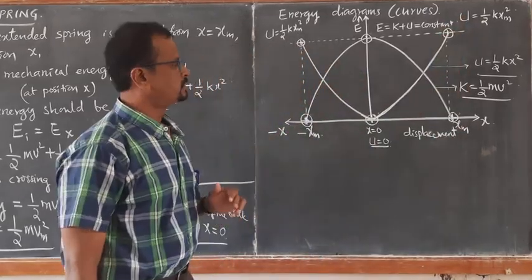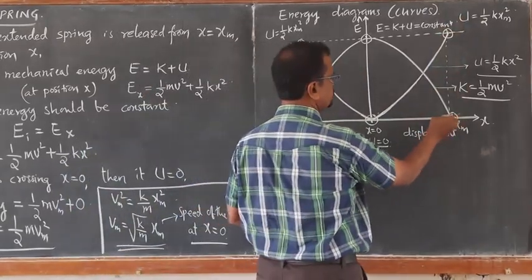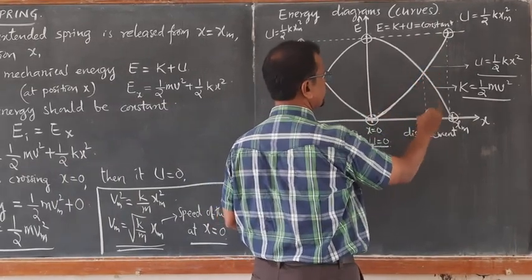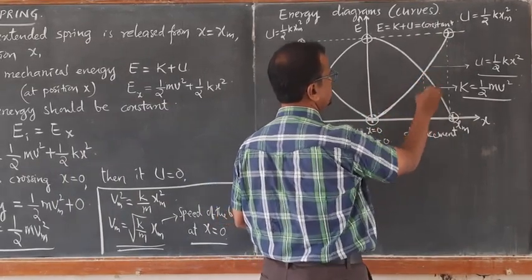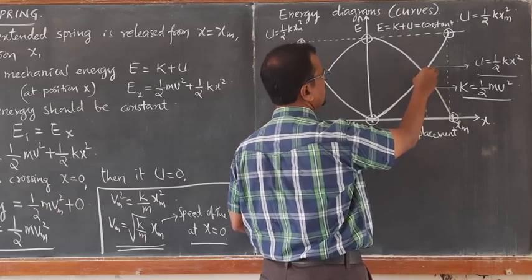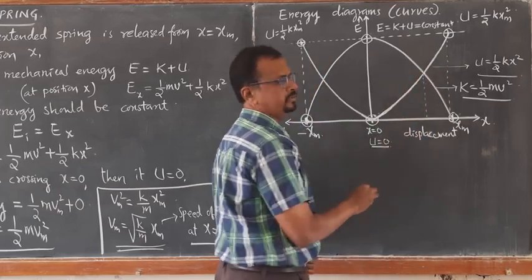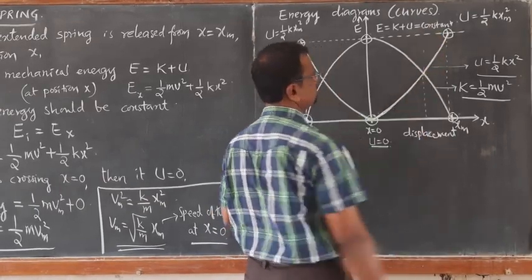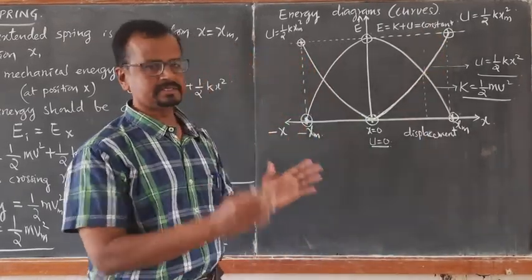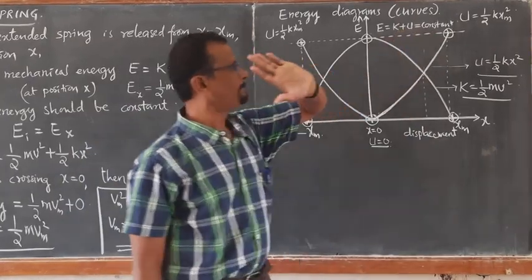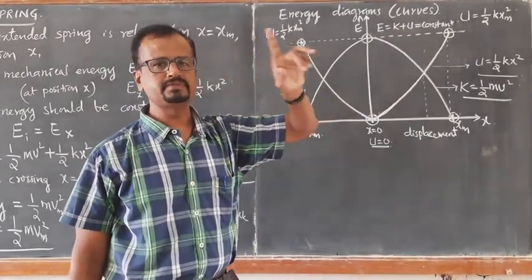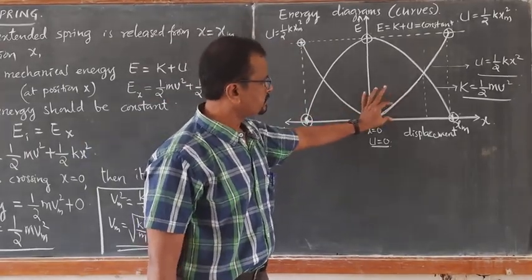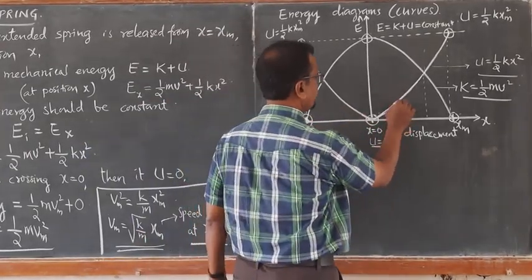As you move from xm to any other position, the spring will partly have potential energy of this value and partly kinetic energy of this value. If you add these, you get the total energy E, constant, K plus U is equal to E. Like that, you can calculate at any position the value of kinetic energy.